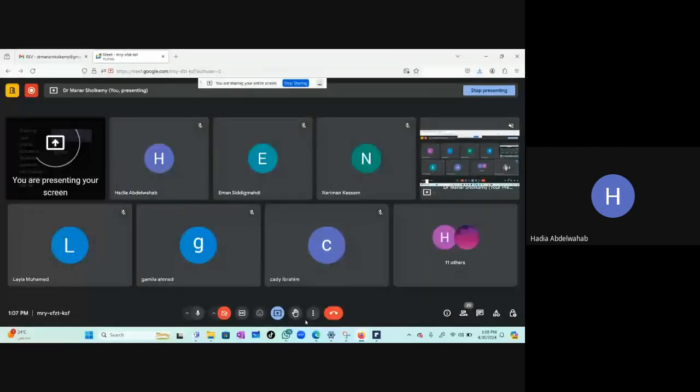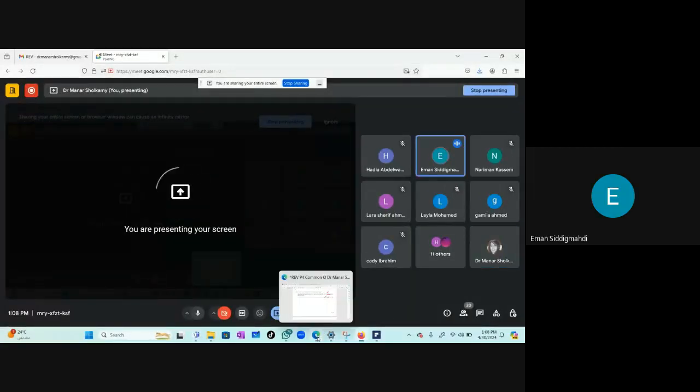Okay, we disconnected for the 10th time. Is my screen shared? No. Yes, we can see it now.